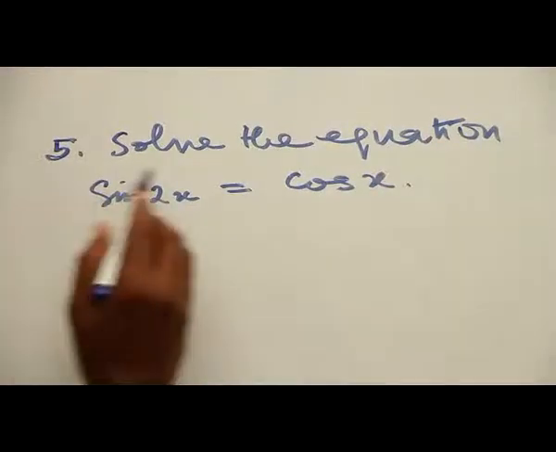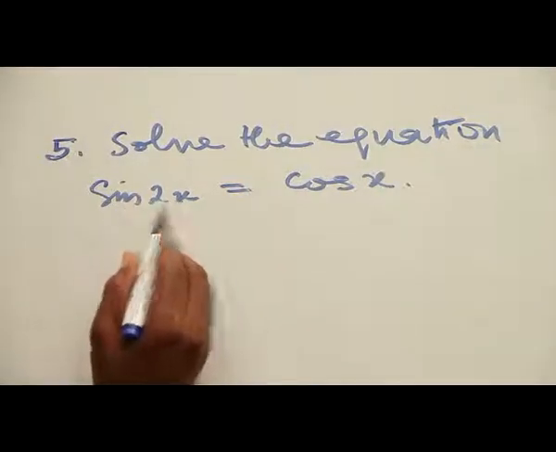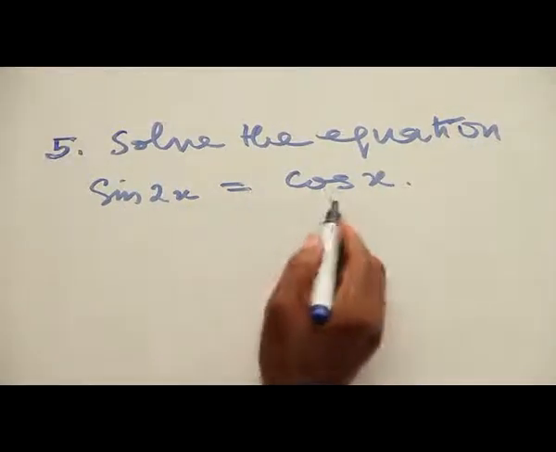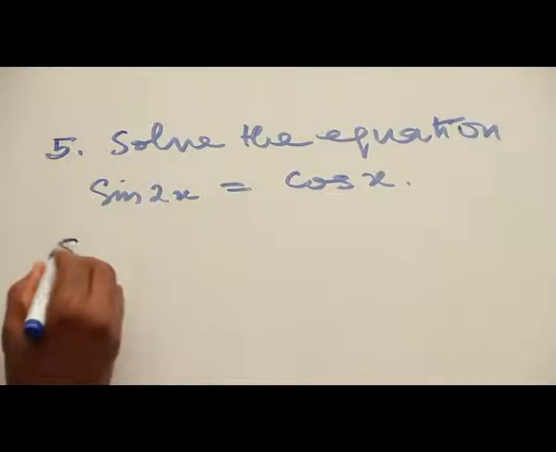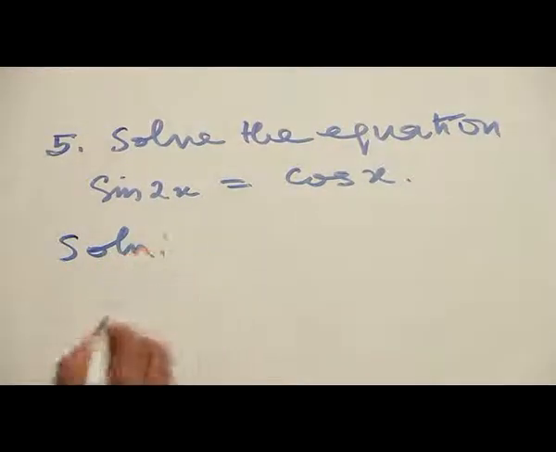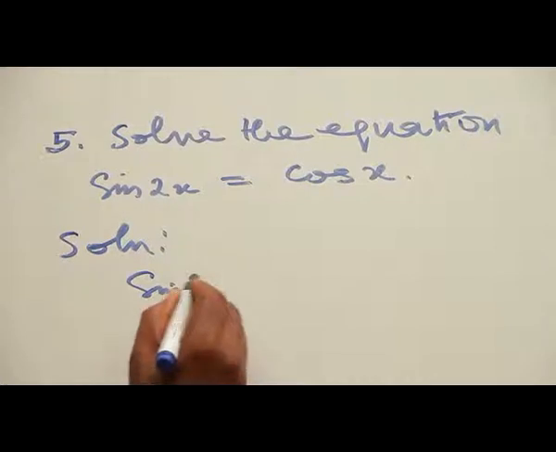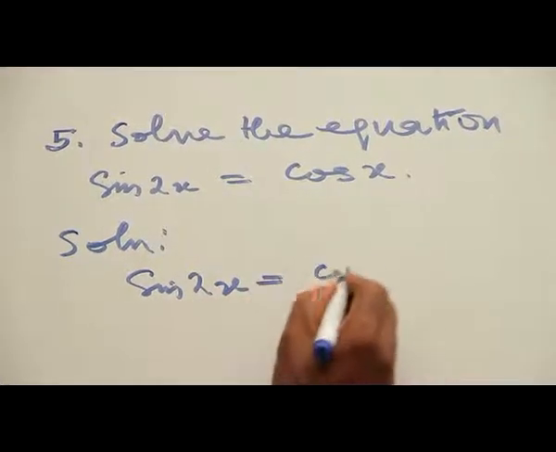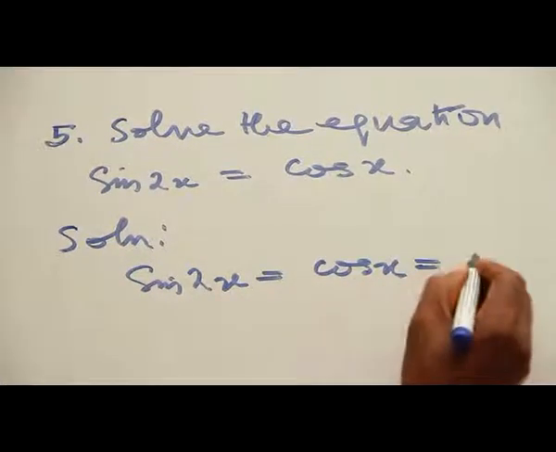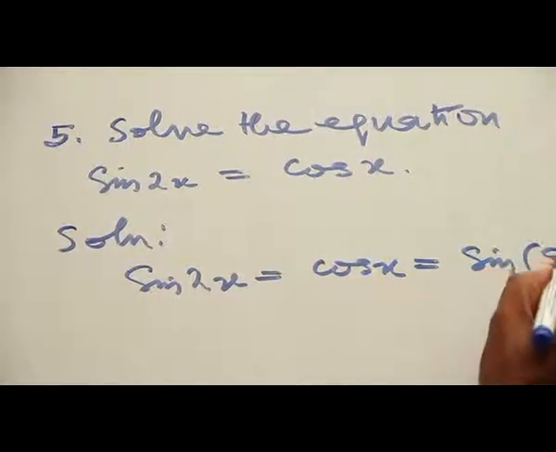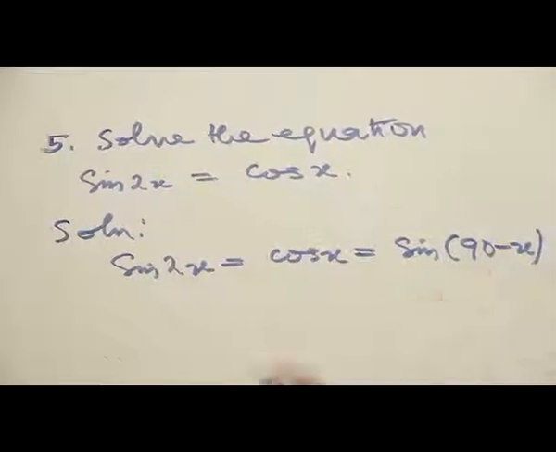Example number 5. Solve the equation sin 2s equal to cos s. Our solution, you have that your sin 2s is equal to cos s, and this is equal to sin 90 minus s.